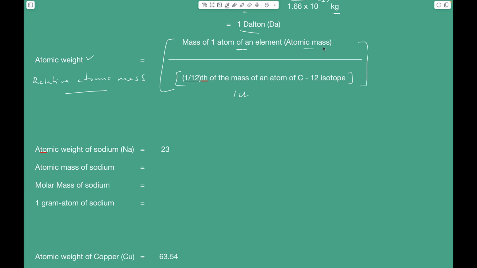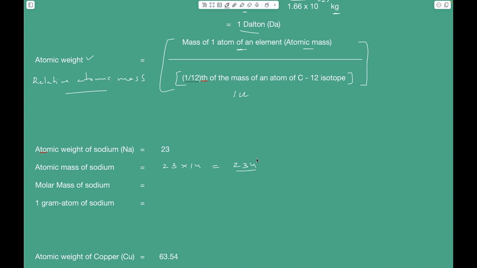So to get the atomic mass or mass of one atom of an element, you have to find out the experimentally measured atomic weight and simply multiply it with 1u. So in case of sodium, it is 23 multiplied with 1u, that is 23u. So the atomic mass of sodium is 23u.